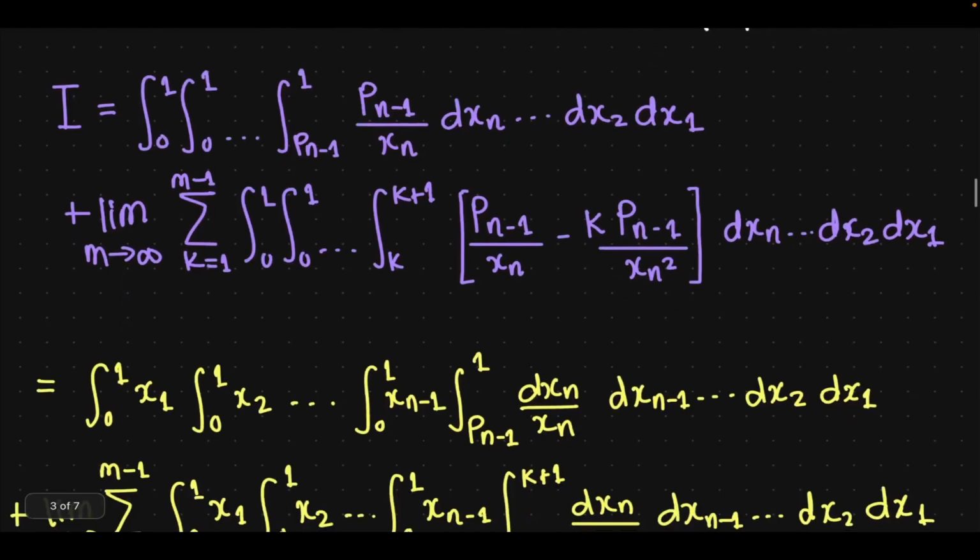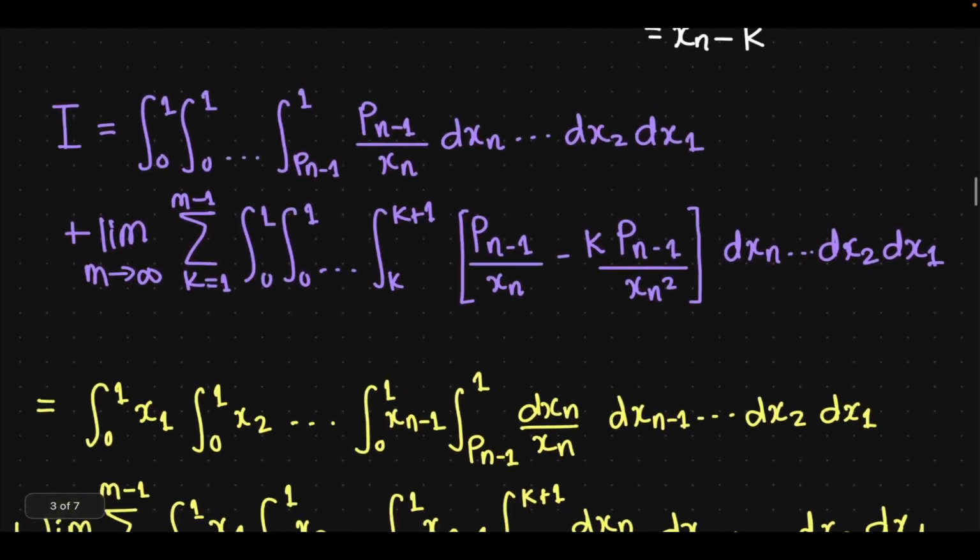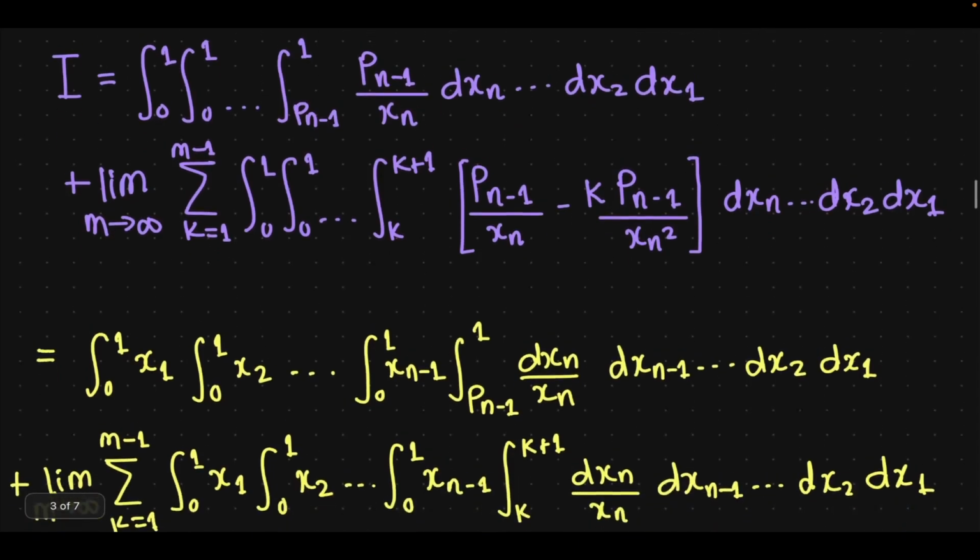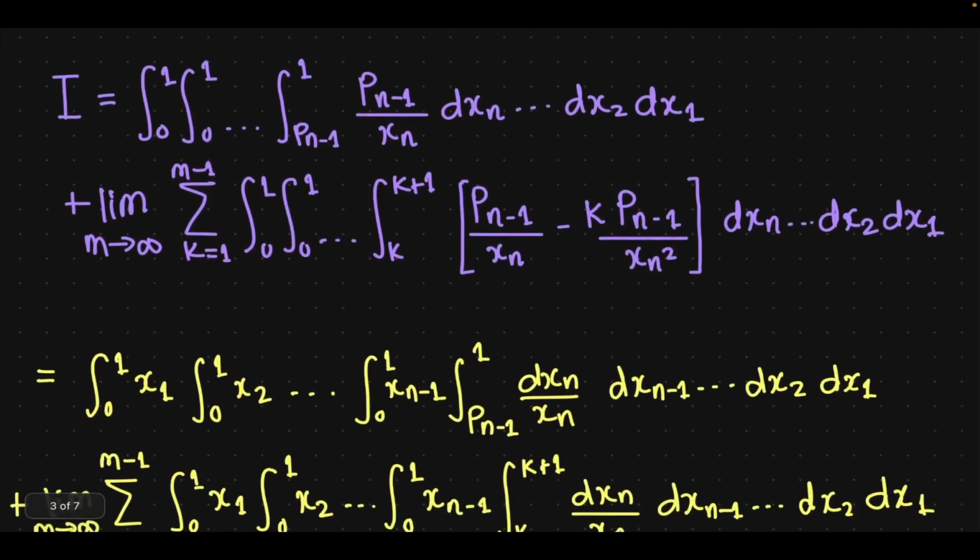Moving on, we can break down what Pn minus 1 is. Pn minus 1 is just the product of x1, x2 until xn minus 1. So I'm going to write each of those variables beside its corresponding integral. If I have x1 in Pn minus 1, the first term in the product, I'm going to write x1 under the x1 integral. The x1 integral is on the outside, the very leftmost integral.